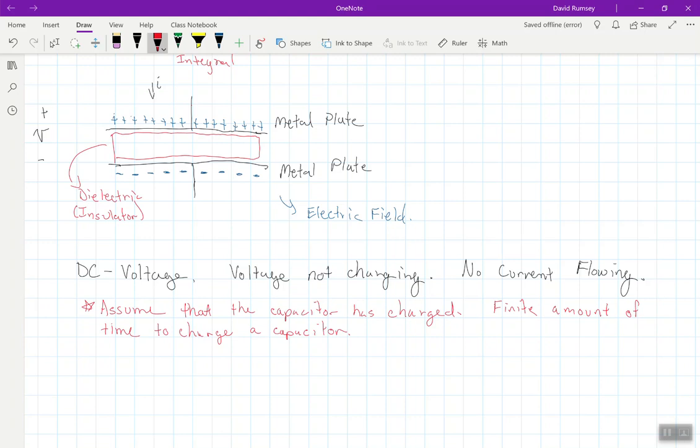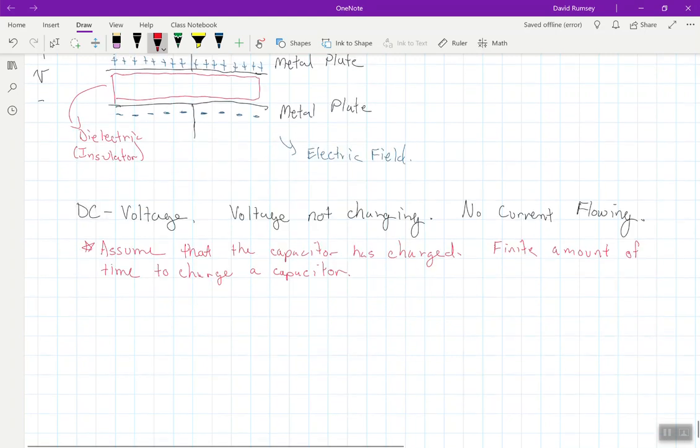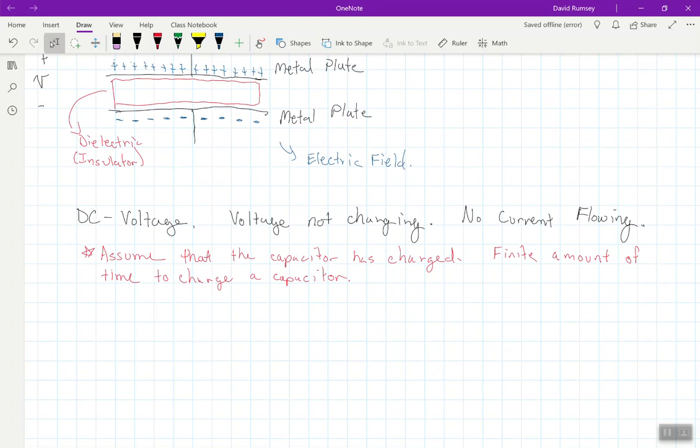So yeah, it takes time to charge it up. But if you're talking about milliseconds to charge it up, and you're putting a DC voltage on it, then it's charged up almost immediately.